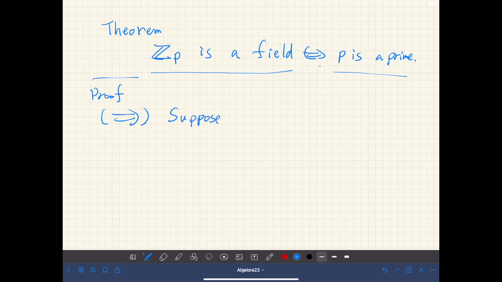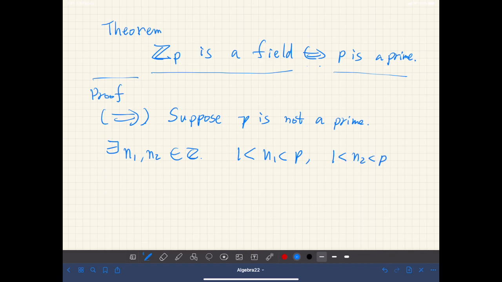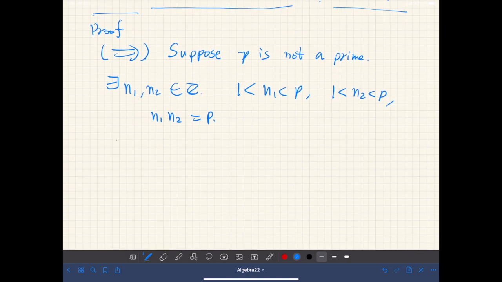Okay, so suppose P is not a prime. So this means there are some integers, let's say n1 and n2, between 1 and P, and n1 times n2 is equal to P. So n1 and n2 are factors of P, and their congruence classes are not equal to 0.